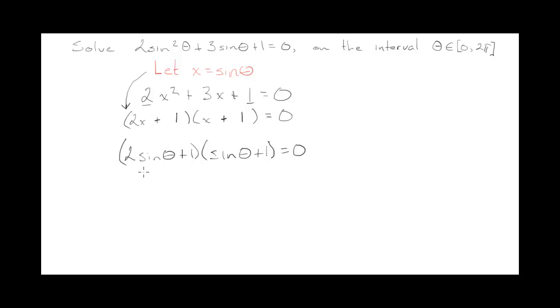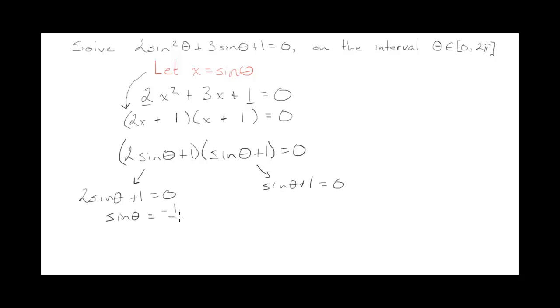Anytime I have that, I would just set each bracket equal to 0. So 2 sine theta plus 1 equals 0, or sine theta plus 1 equals 0.